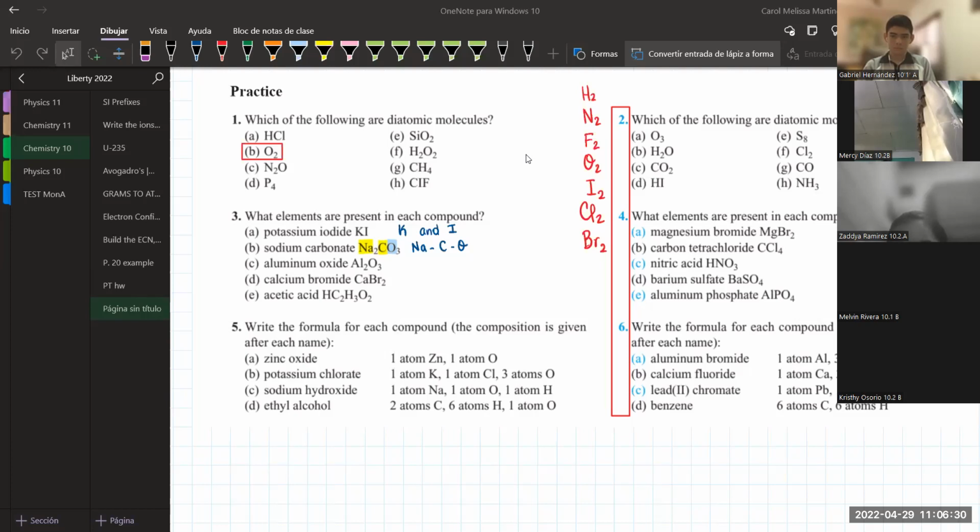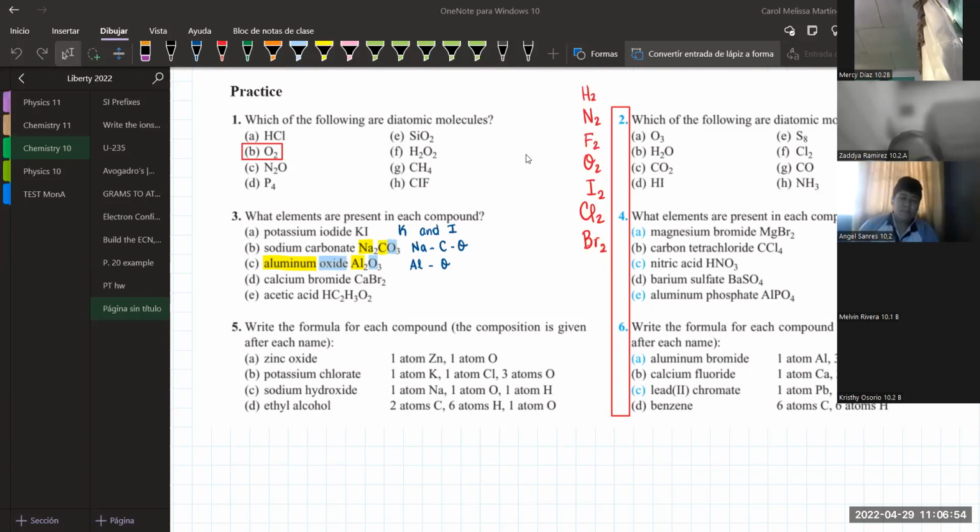Take a look. Aluminum. What is the symbol for aluminum? Al. Oxide refers to oxygen. So in total, I have only 2 elements: aluminum and oxygen.